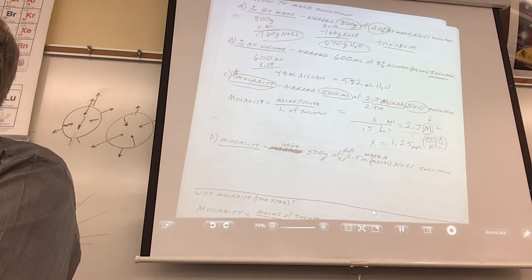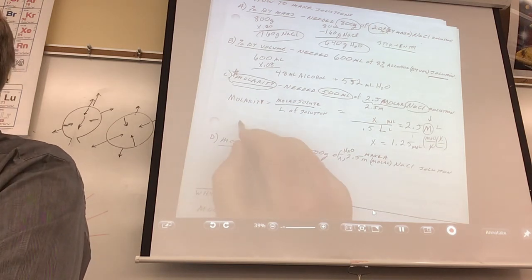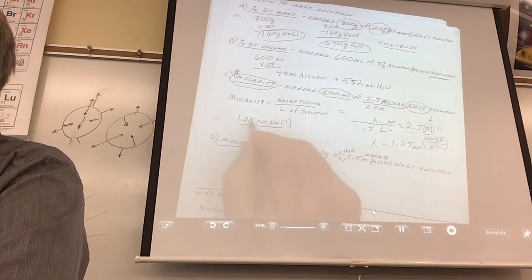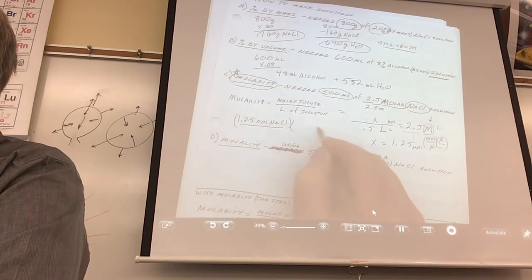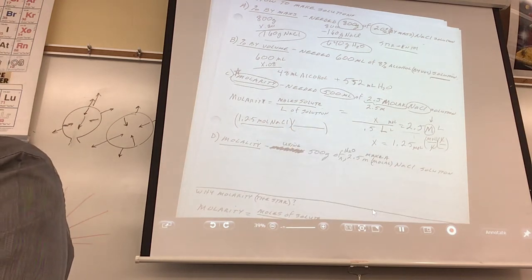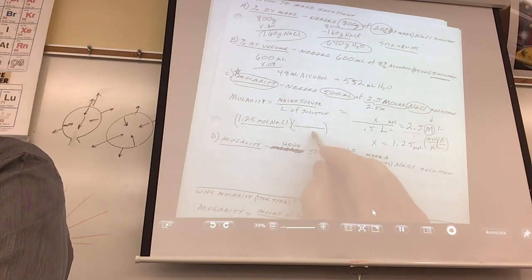So I hand you a jar of sodium chloride and said, make it for me. You say, well, just a minute. I'm certified, so I know how to do this. 1.25 moles of NaCl, and what do I need here? If I want to make this solution, don't I need to figure out how many grams to put in there? Are you with me? I want you to make this solution, right? All right, so what do you think? What do you know already?